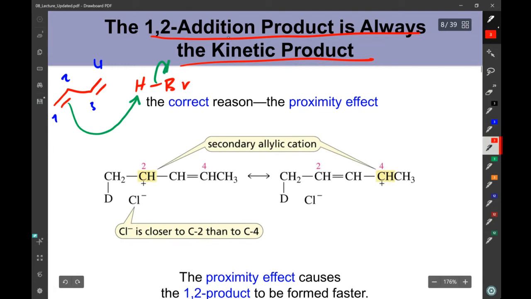So the next thing you will form will be that with positive charge here. So that's your carbocation. That's the carbocation you will form. Okay, the intermediate will be the carbocation plus the Br minus.